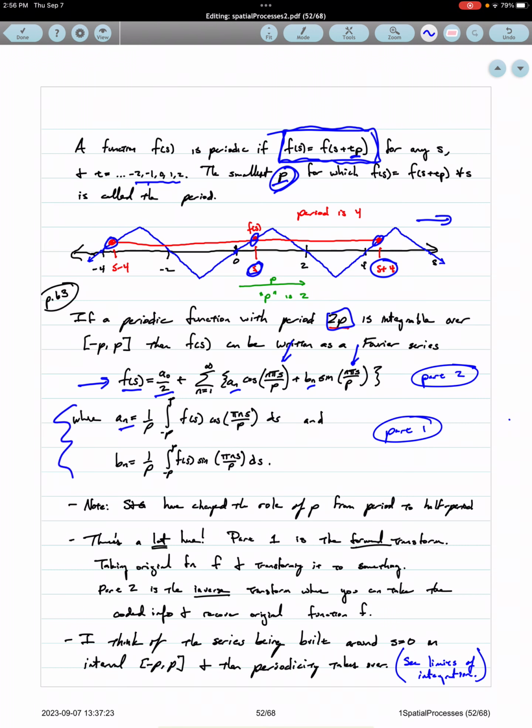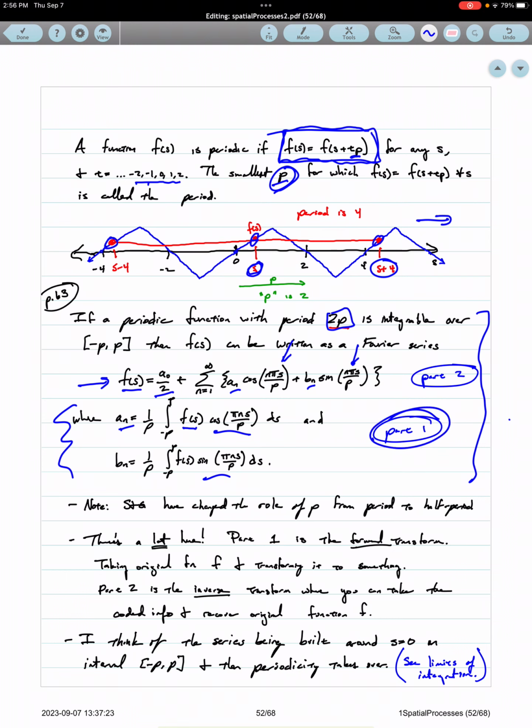It says that the coefficient AN is obtained by integrating the original function with respect to the cosine, written this way. BN, of course, is with the sine. And so there is a lot in this statement. In fact, there's two pieces of it, and I think the first piece is the second half. So that's why I say part 1 down here.